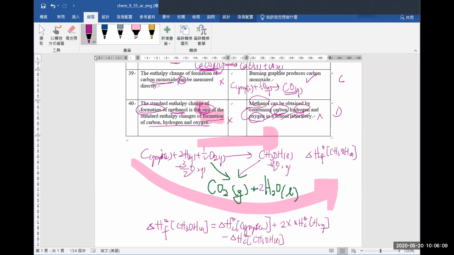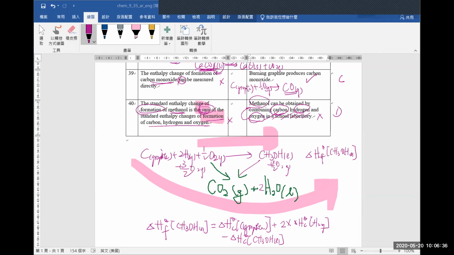Do you still remember that enthalpy cycle? If you still remember, thumbs up. Don't remember? Okay, just put the thumb down.